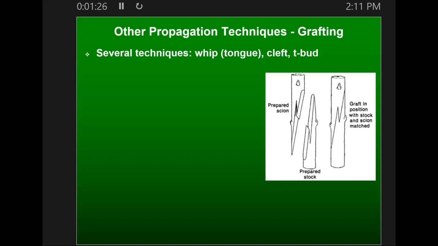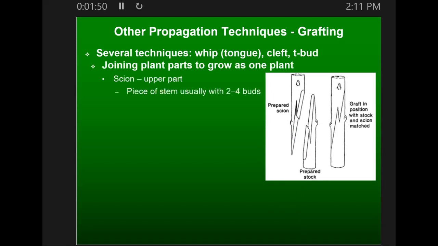And so the whip or tongue is what you're seeing in that image, where you have these cuts being made, and then you have the scion, which is the upper part. So essentially, you have a plant like this apple. You can take the upper portion of that plant, and that's called the scion, and then you make cuts to match up to the base of a rootstock.